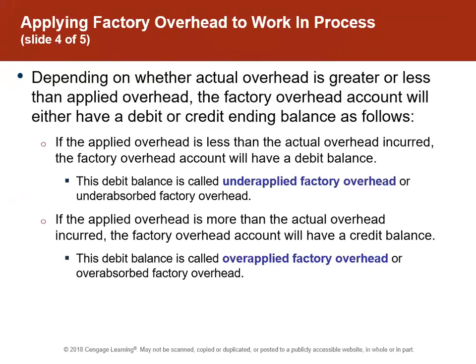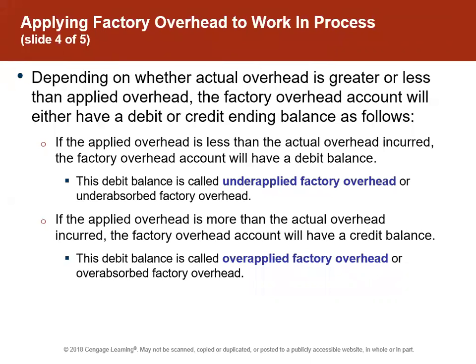A lot of times actual overhead is different than applied overhead, so we'll have either an ending debit balance or an ending credit balance. If our actual costs were greater than what we applied, we would have an ending debit balance.